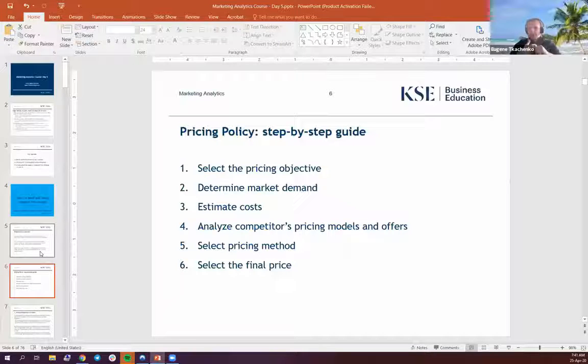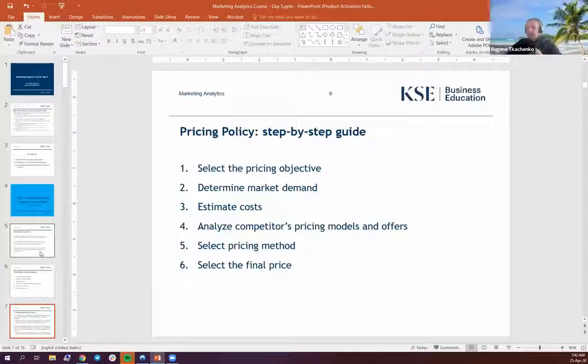Because the number of techniques used for pricing is literally endless, we will primarily focus on and practice three things today. It would be demand or quantity analysis, then pricing analysis, and then we'll try one of the pricing techniques in Excel called bundling. But I will get to that later. So bear with me, please.